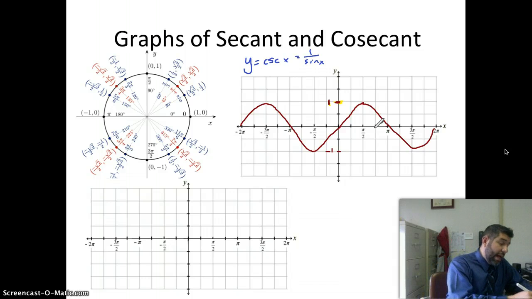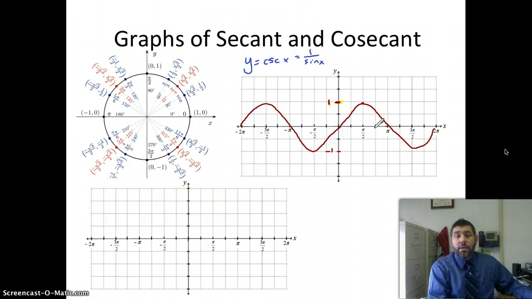So if you recall back to when we did step-by-step graphing, we're going to take the x-intercepts and we're going to make asymptotes there, vertical asymptotes.